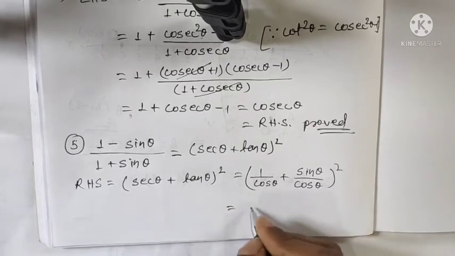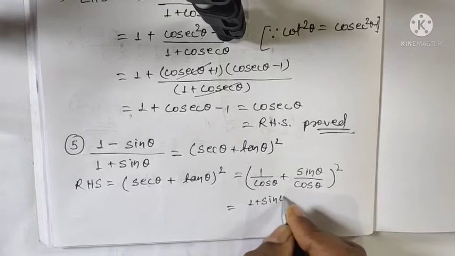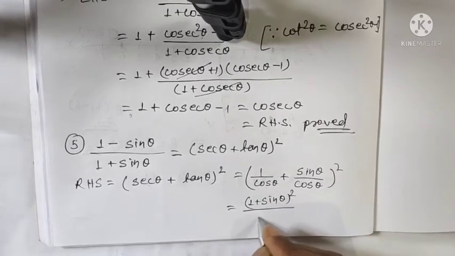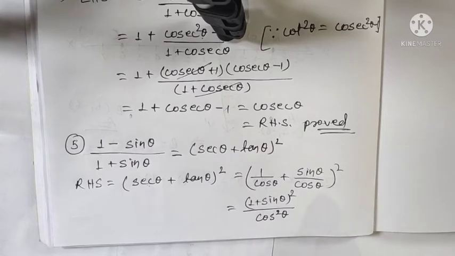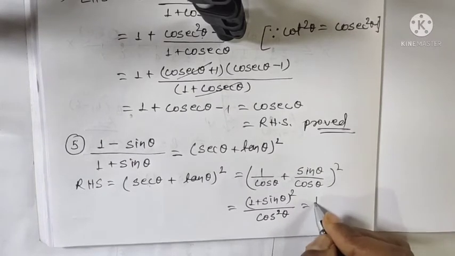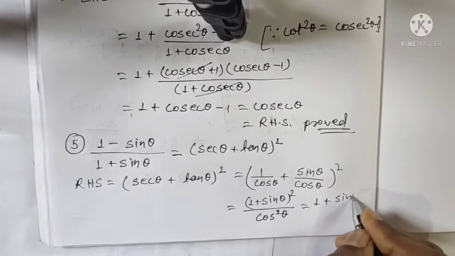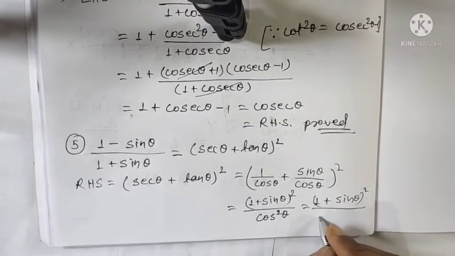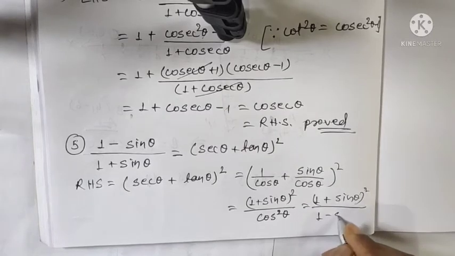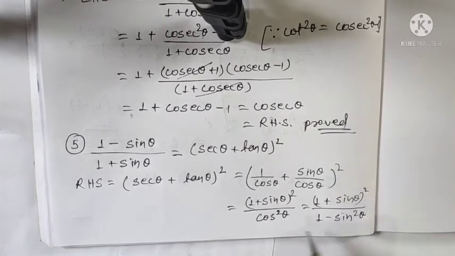By taking LCM, it will be 1 plus sin theta whole square by cos square theta. Simple. Then it will be 1 plus sin theta whole square by 1 minus sin square theta. Why? Because cos square theta is equal to 1 minus sin square theta.